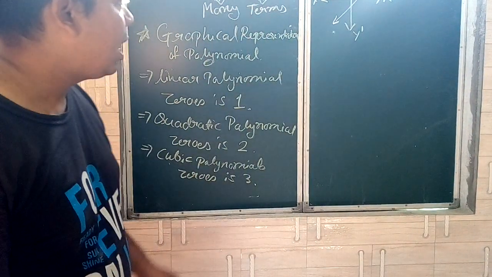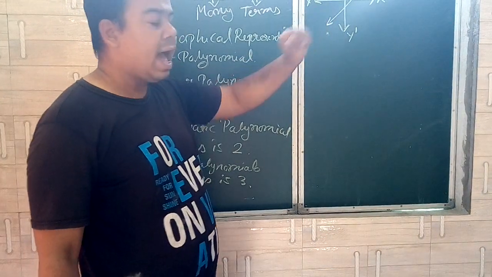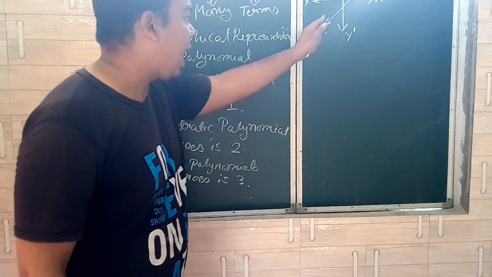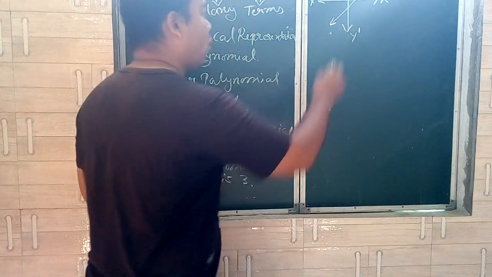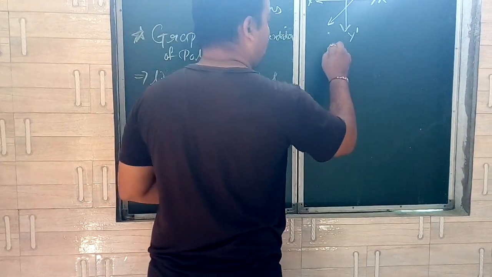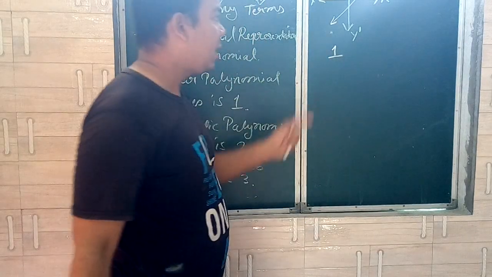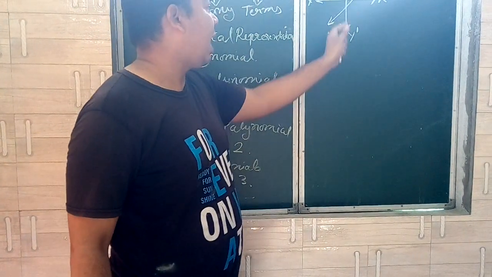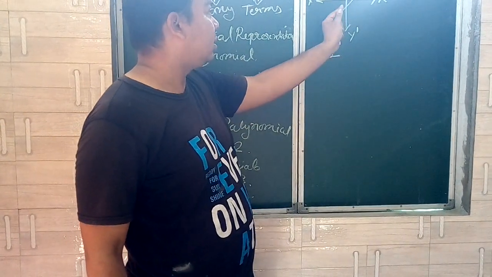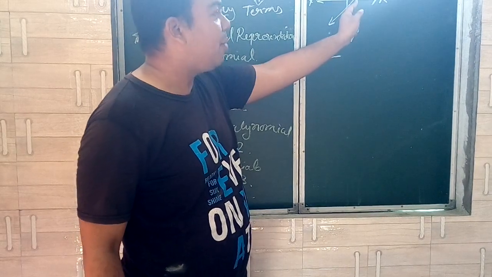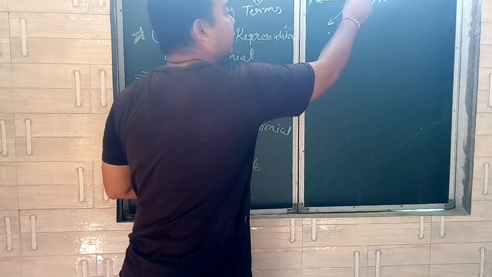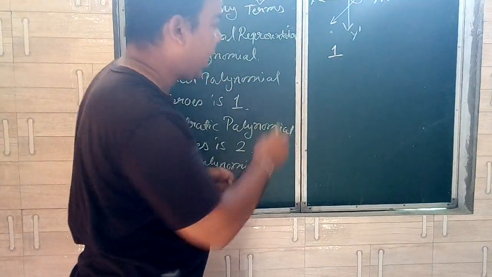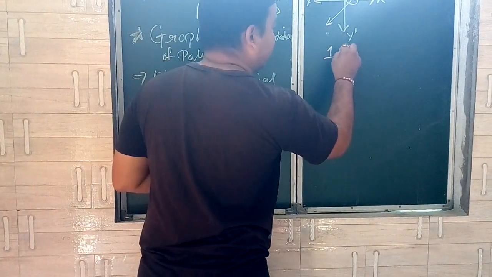Can you guess how many zeros are there? How many? 1. Why 1? Because this line in this graph intersects the x-axis at only one point. Did you see? Only one point. That's why we call this 1 zero.